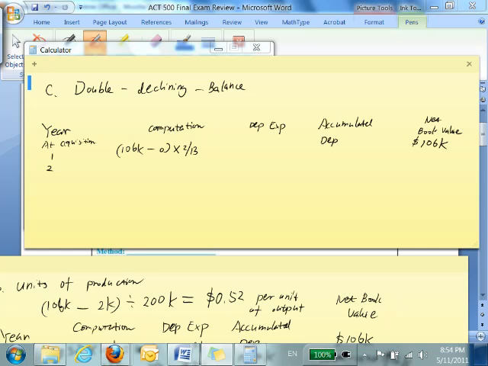Because usually it should be divided by 13, but it's double declining, so we multiply by 2.